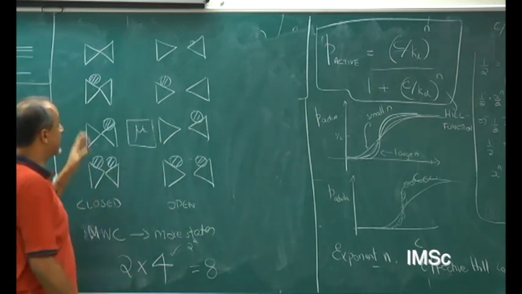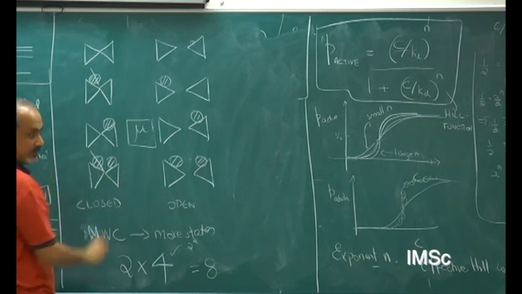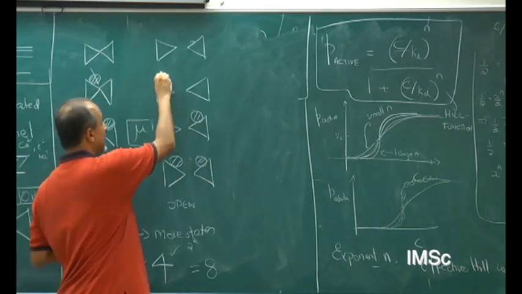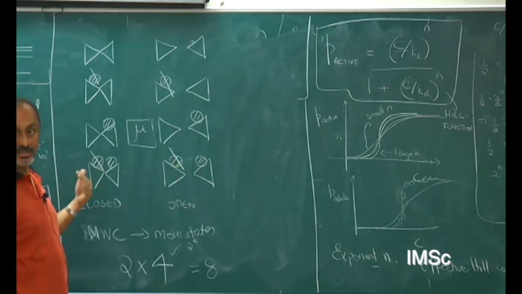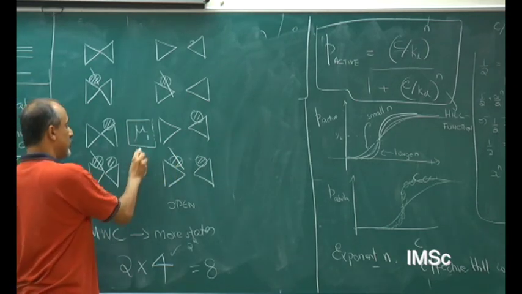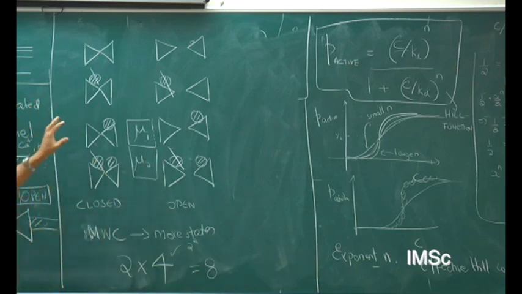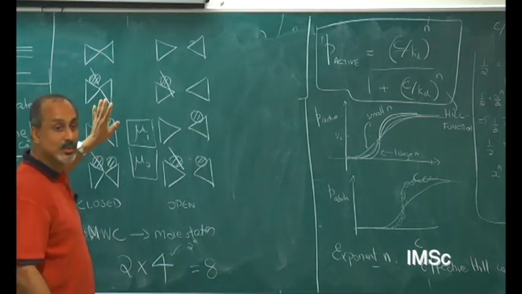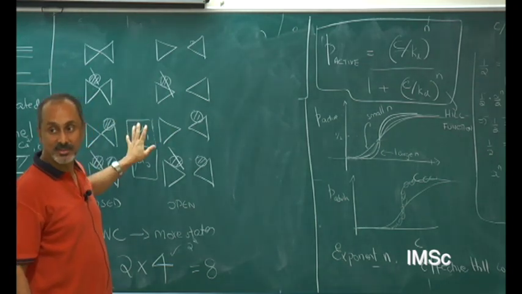It could happen that there are multiple ligands. For example, this could be ligand number 1, this could be another ligand. So one ligand might bind here, another ligand might bind here. Then we would have different chemical potentials for those ligands. So we would have mu for 1 and mu for 2. And it just gets more complicated. Just imagine that there is one particular molecule that comes and binds and induces a certain behavior between open and closed. But again, we don't have to do this calculation to understand what it will do, because we already understand the MWC model.